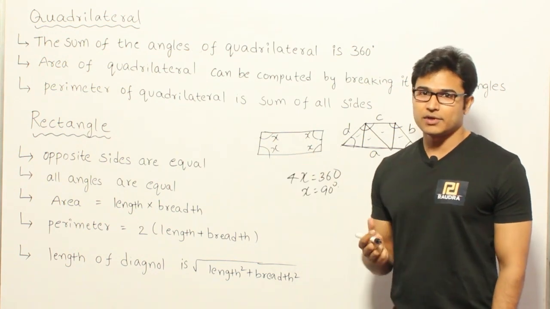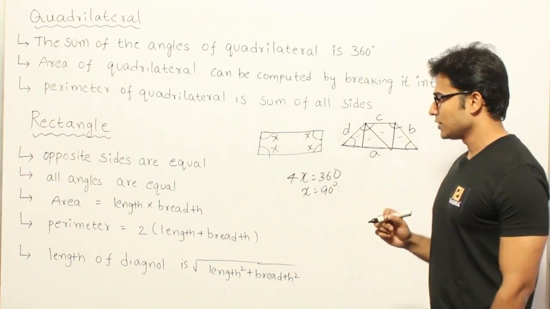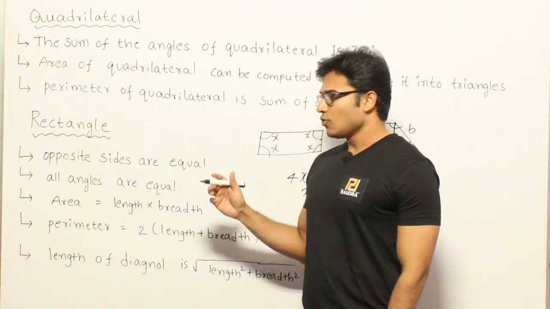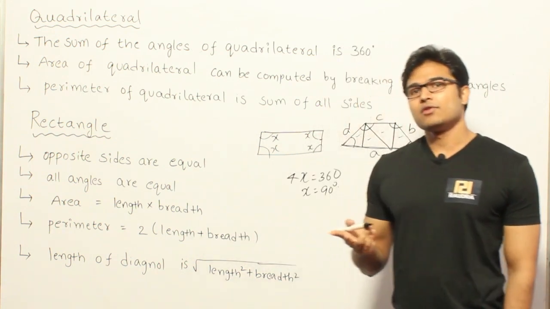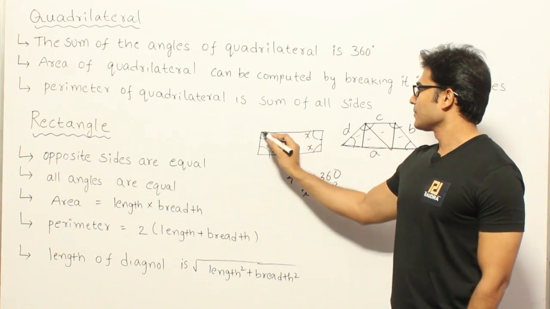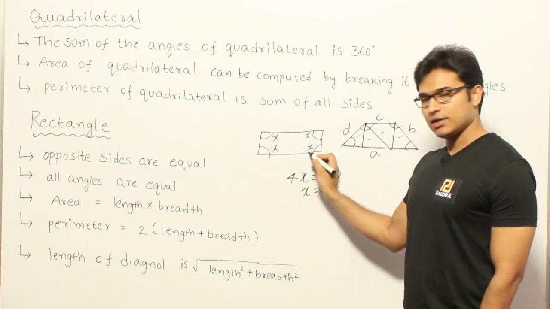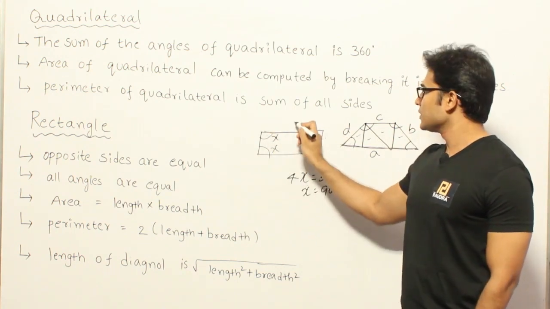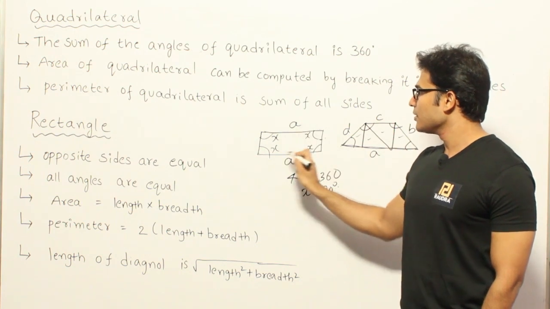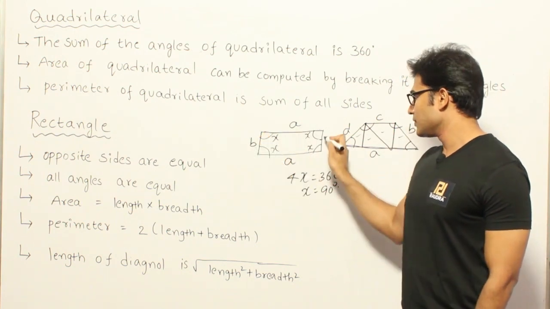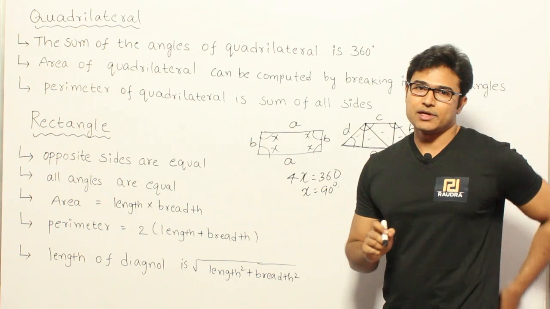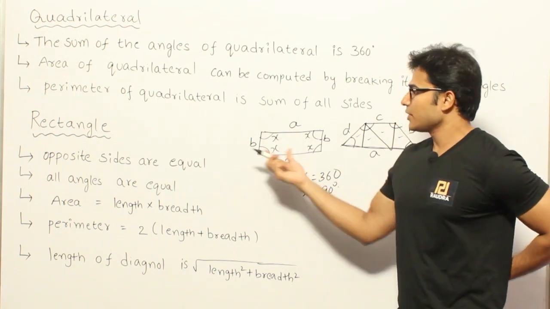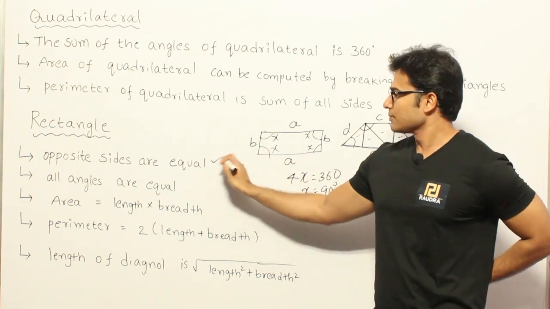Now according to this definition, if only opposite sides are equal, we can call it a rectangle. See, this one and this one are equal, and this one and this one are equal. If you say this one is A, this one is going to be A. If you say this one is B, this one is also going to be B. Now this is the definition of a rectangle, these two.